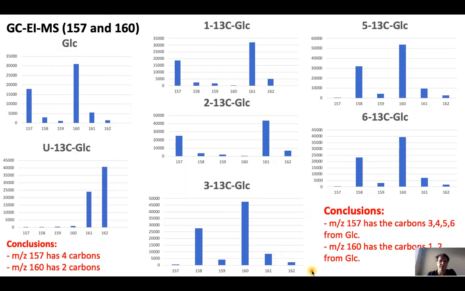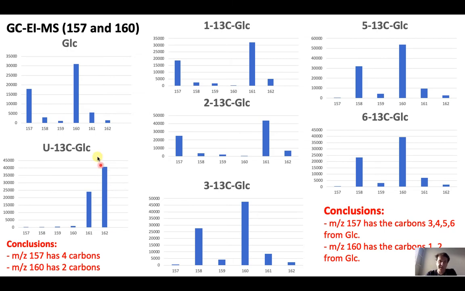Regarding the 157 and the 160, which are the most problematic because they overlap each other, you can see here in the non-labeled glucose the 157, 58, 59, and when we analyze the fully labeled glucose, we could see one increase in the 161 and in the 162.